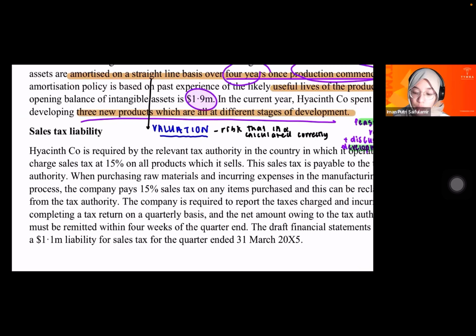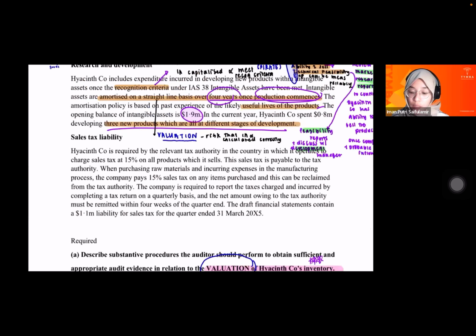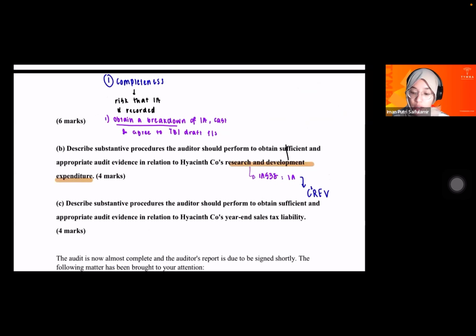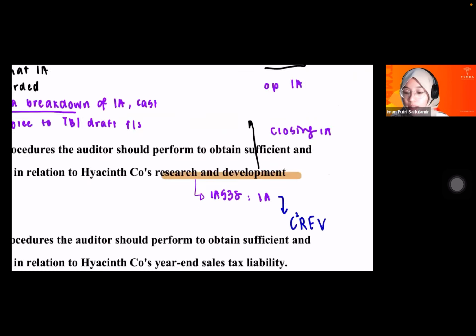When you're doing valuation of anything, it helps to think about how we calculate from the opening intangible asset to the closing intangible asset. From the opening intangible asset, we deduct any amortization and any impairments.